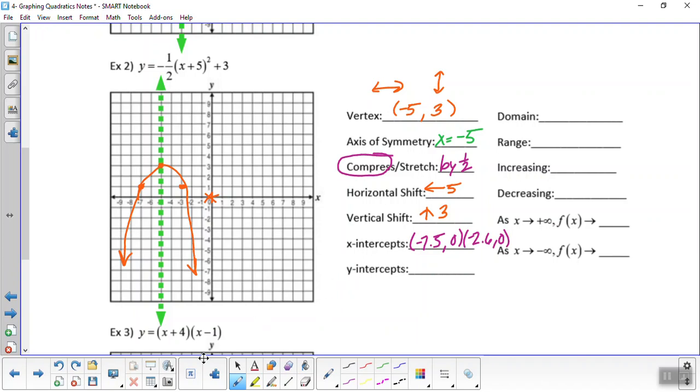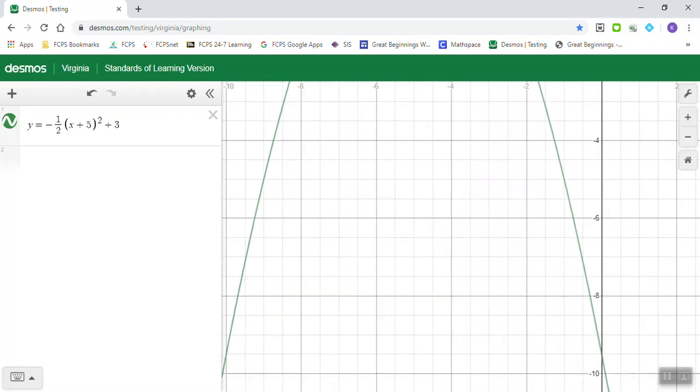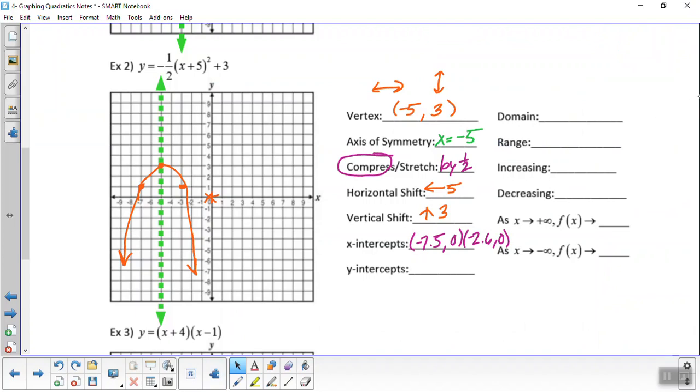My y-intercept, again, if I go to Desmos, I'm looking for where it crosses this y-axis. So it's going to be down here somewhere. Let's see. We keep going. All right, we found it right here, which is at 0, -9.5. Again, make sure you pause the video if it's going too fast, and you can rewind it and watch it again.